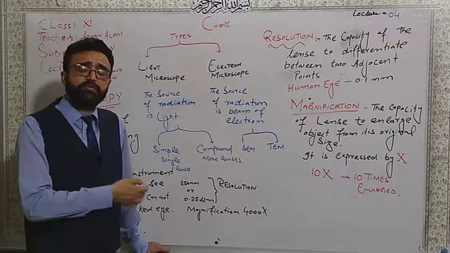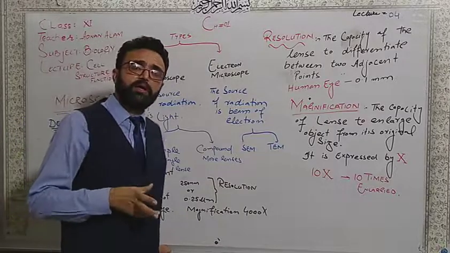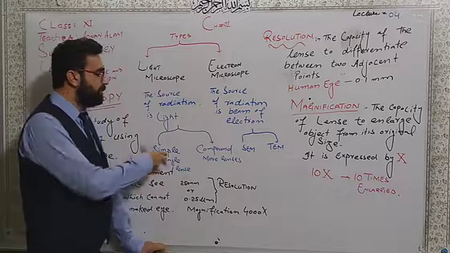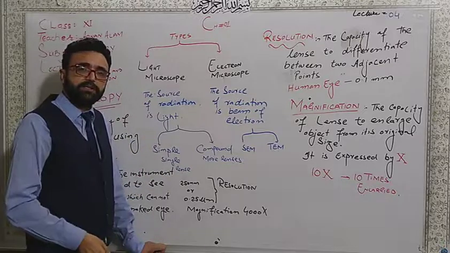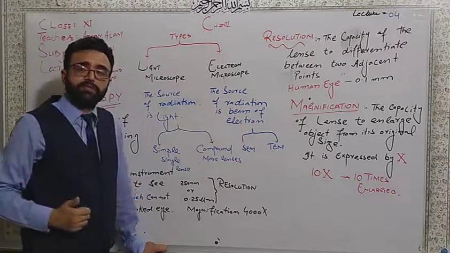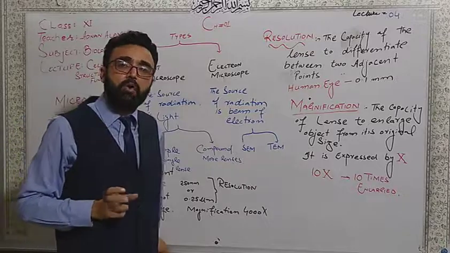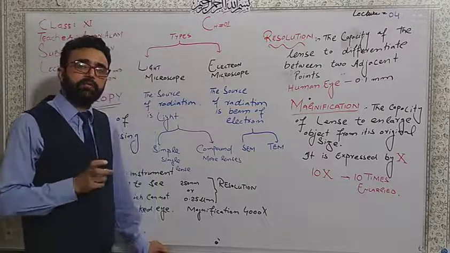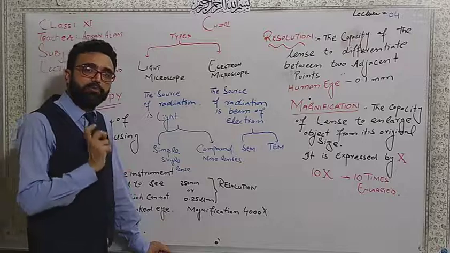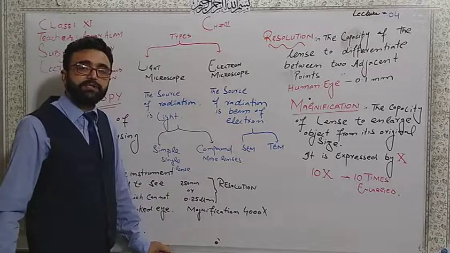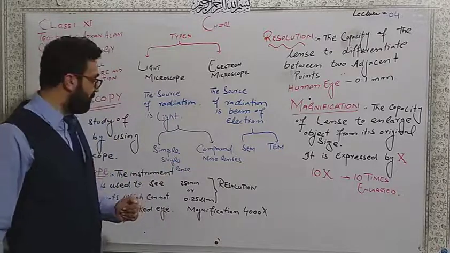If you want to magnify an object more, you will change the lenses. It usually has two lenses. One is called the eyepiece or ocular lens, and the second one is called the nose piece or objective lens. These two lenses are mainly used in the compound microscope.